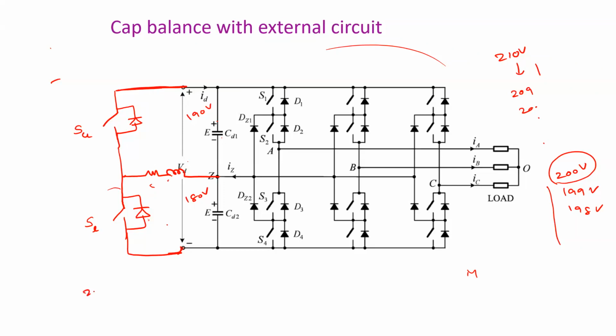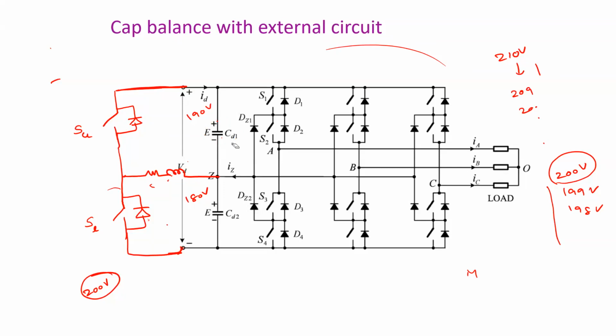We are supposed to maintain 200 volts. Both are having less voltage. Let us assume there is one scenario where you have 190 volts and 180 volts. Which switch is supposed to be on? If you notice, only whenever a capacitor is excessively charged do we transfer the energy to the bottom one, right?